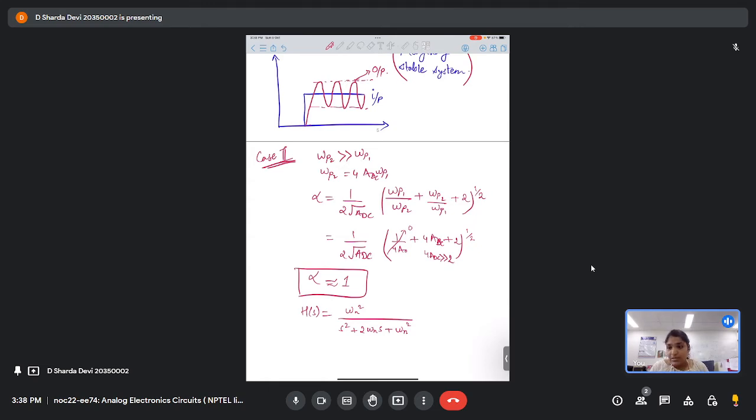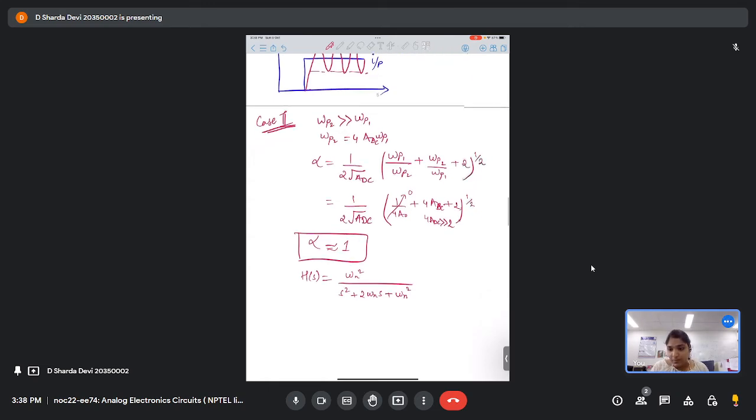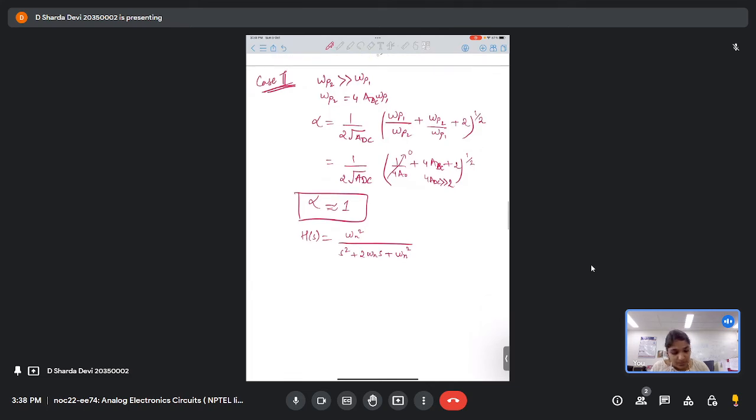When this is the condition, we'll see a stable system.